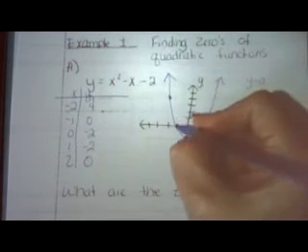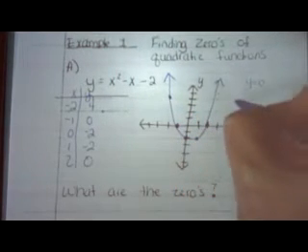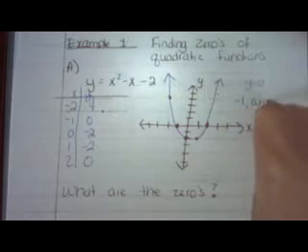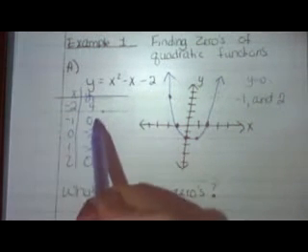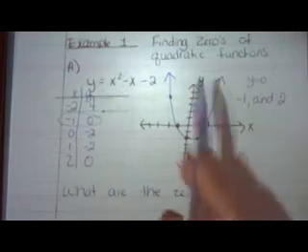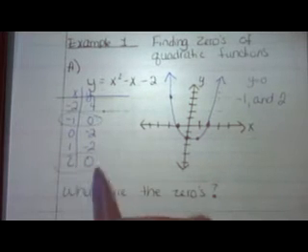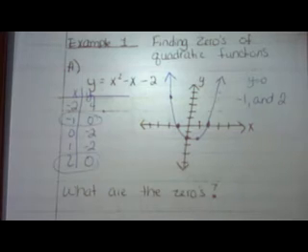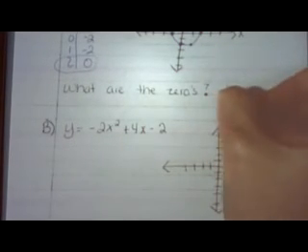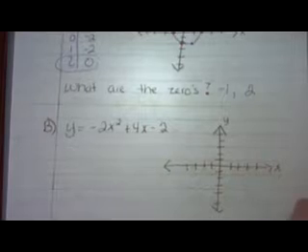So the zeros of this function look to be at -1 and 2. And if I look at my table, at -1, y does equal 0. And at 2, y equals 0. So there are your zeros at -1 and 2. What are the zeros? -1 and 2.